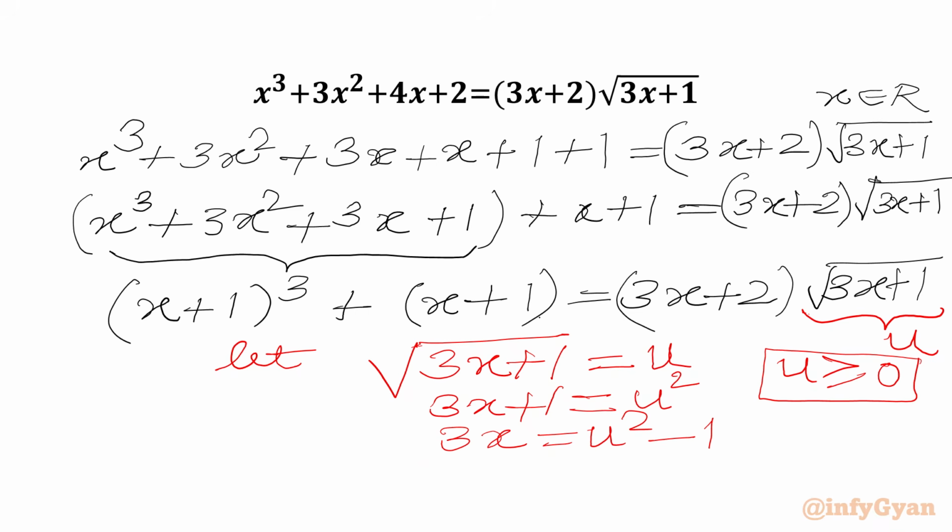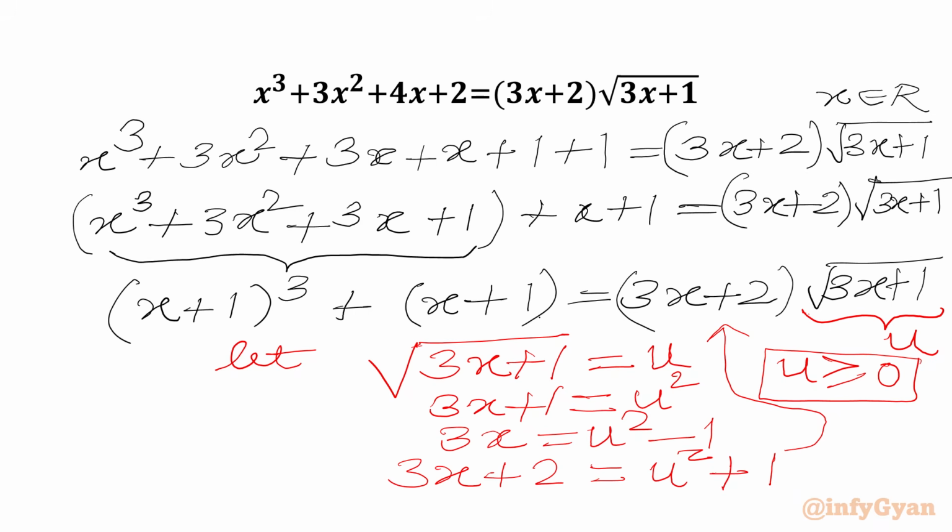Now we have 3x plus 2. Let's find 3x plus 2. We'll add 2 to both sides. We are going to get u square minus 1 plus 2, which is u square plus 1. Now we are going to plug in these values in our equation.